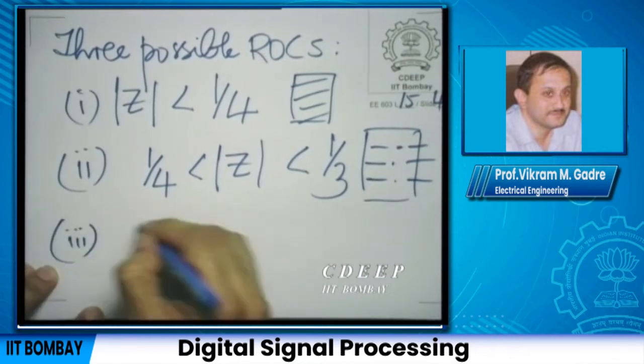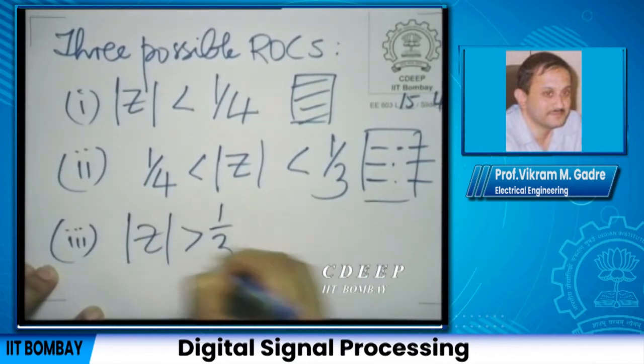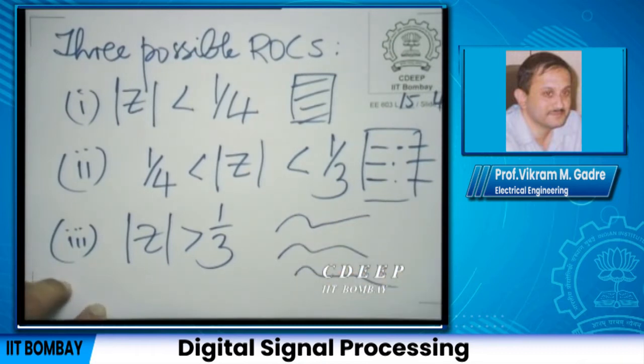Finally, mod z greater than 1/3, and that is the region that we have shaded like this. We expect that each of these regions of convergence would give us different sequences corresponding to the same expression. In fact, we will see in a minute how we can use the partial fraction decomposition strategically to arrive at these 3 different possible sequences here.